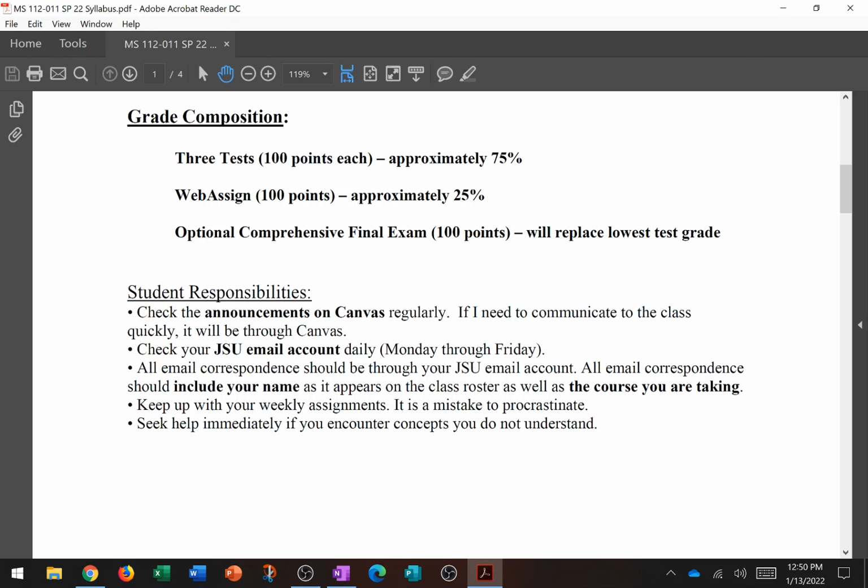What that means is if you're happy with your grade after we take test 3, you're finished. If you need to improve your grade, then you have the option of taking the final exam. And if you score higher on the final than you did on one of your other tests, that final exam will replace your lowest test grade. Kind of gives you a chance to redo if you don't do well on one of the tests once.